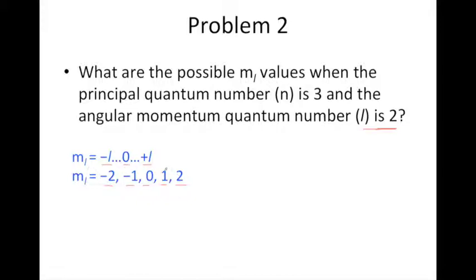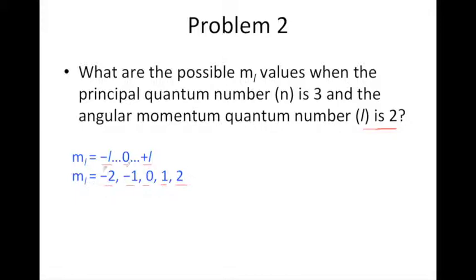So these are the m sub L values. Again, be sure you appreciate what they tell us. These m sub L values tell us that the L of 2 represents what type of orbitals. L of 2 represents f orbitals, or excuse me, d orbitals. And the d orbitals, we have 1, 2, 3, 4, 5.